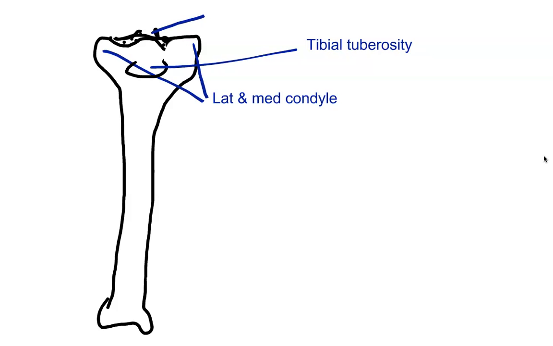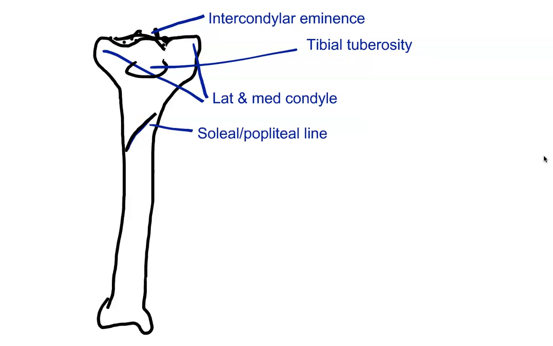Intercondylar eminence, which is the bit that sticks up around where the cruciate ligaments are that join the femur and the tibia. Across the back is the soleal line, and that marks the inferior edge of the attachment of the popliteus muscle, sometimes called the popliteal line. And the medial malleolus, which forms the bony part of the ankle.